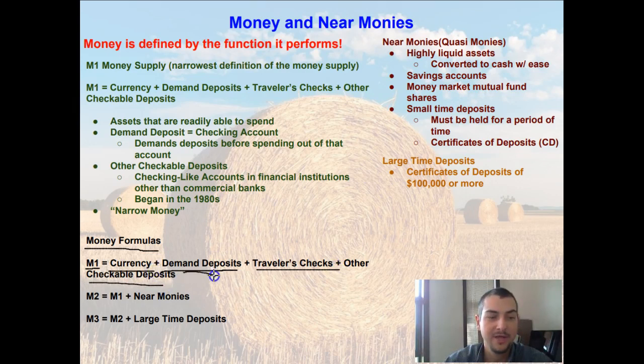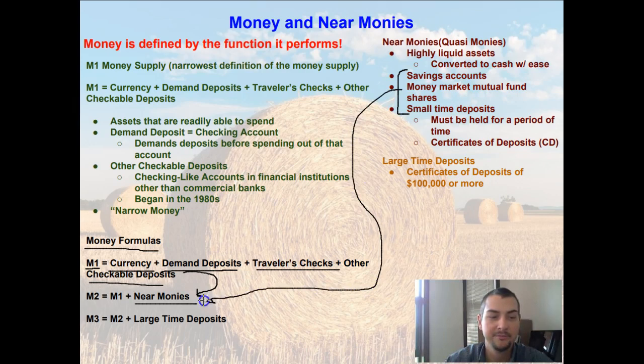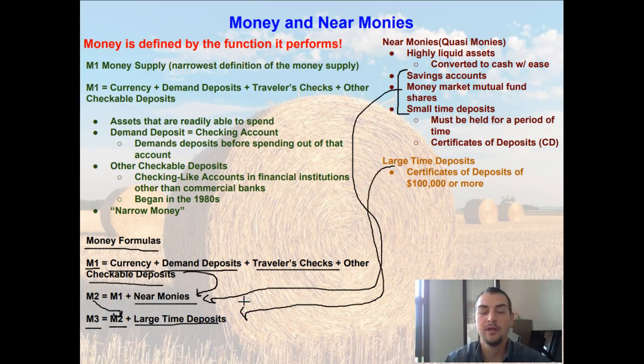Then we can expand that and go to the M2 money supply, which is M1 plus these near monies. And these near monies are these savings accounts, money market mutual funds, and small time deposits. Then we can expand it one step further for the M3 money supply, which is equal to the M2 plus these large time deposits.